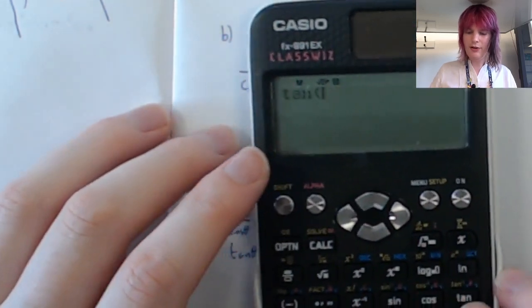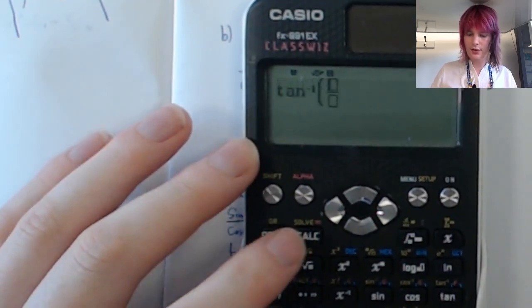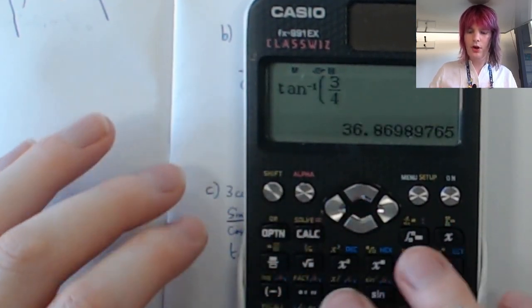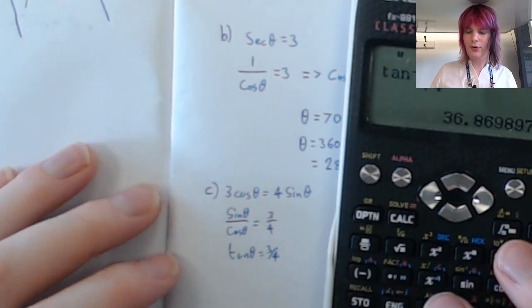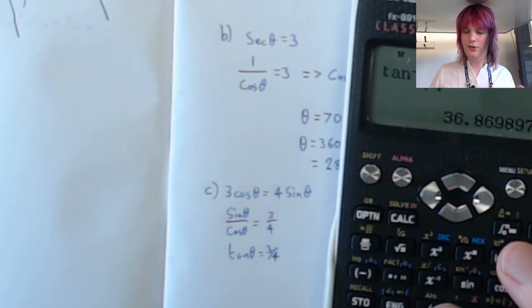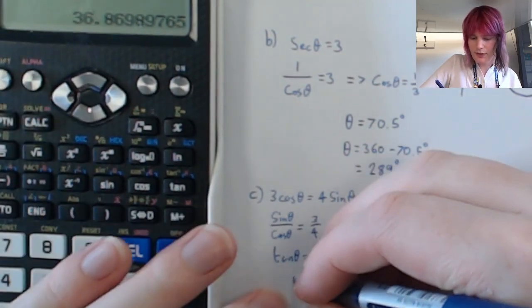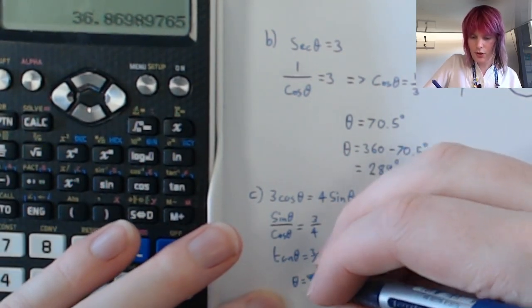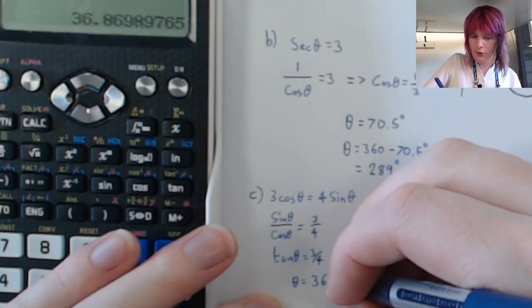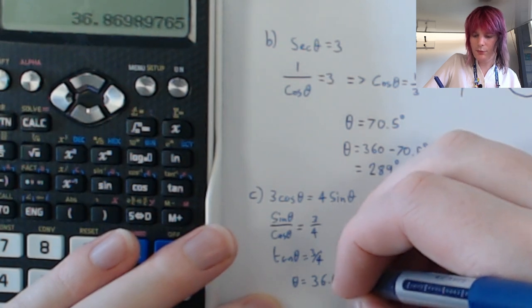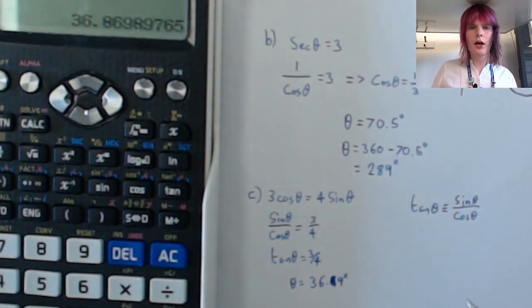Again, we're going to go to our calculator, take the inverse tan of 3 divided by 4, which is 36.86 degrees. Okay, so theta is equal to 36.86 or 36.9 degrees. Oh, that's nice.